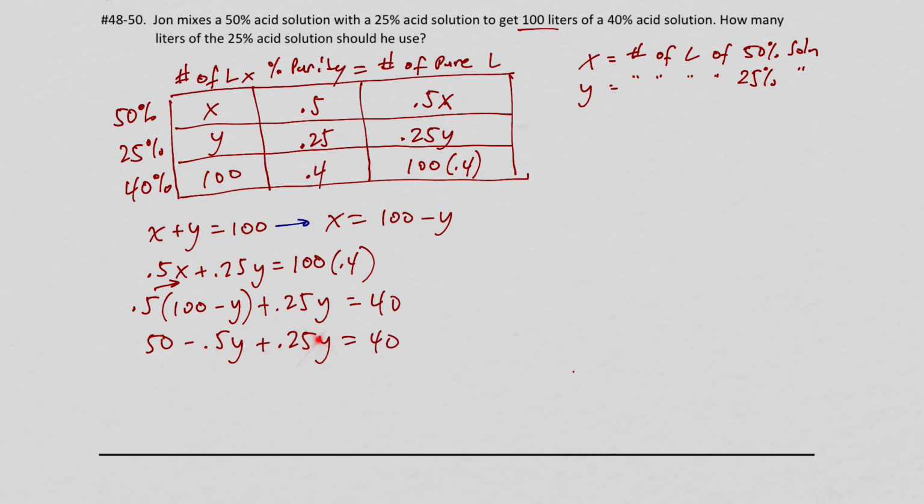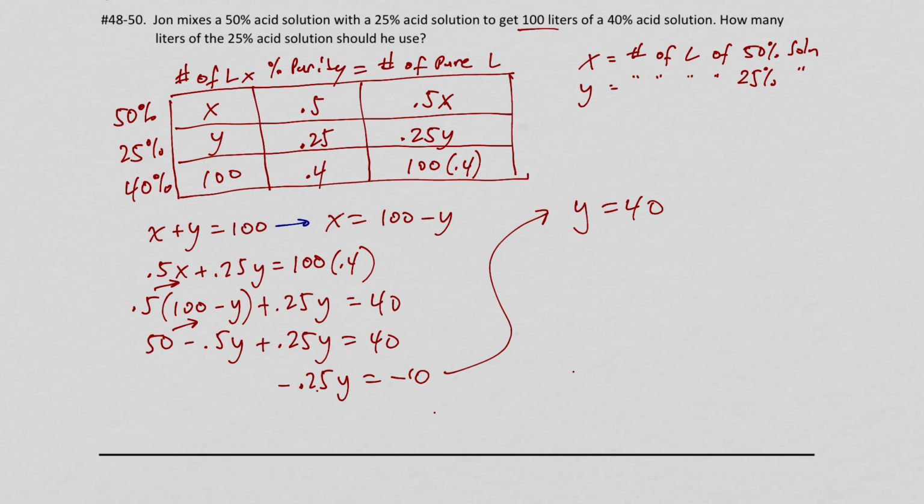This 0.50 minus 0.25, that's a negative 0.25. And when I move this over, I have 40 minus 50, which is negative 10. Bringing this here, we'll get y is equal to 40. That's what we're actually after, because we're after the 25% solution.